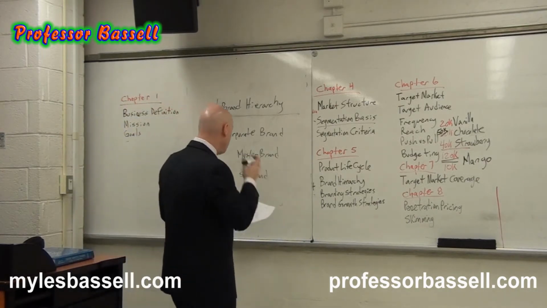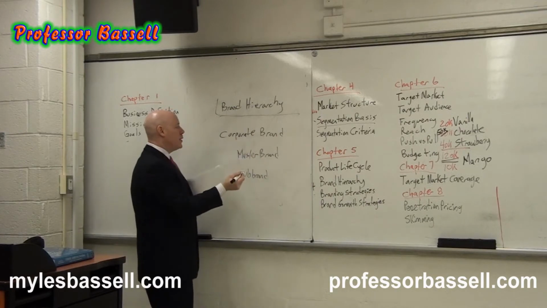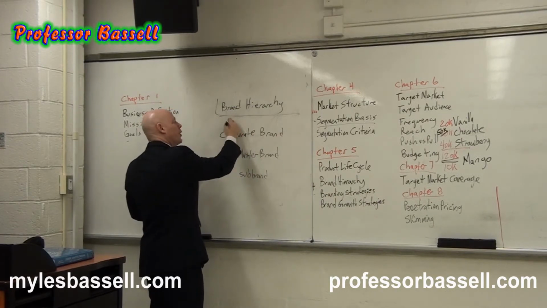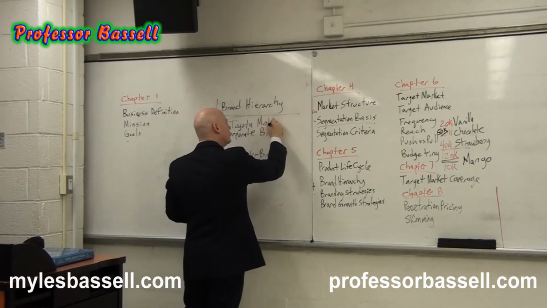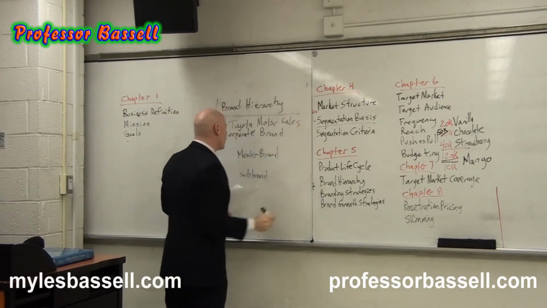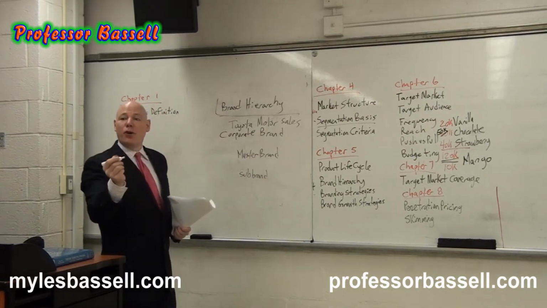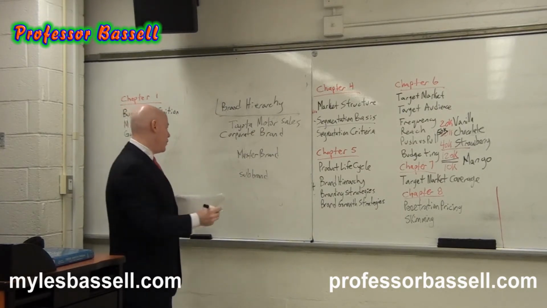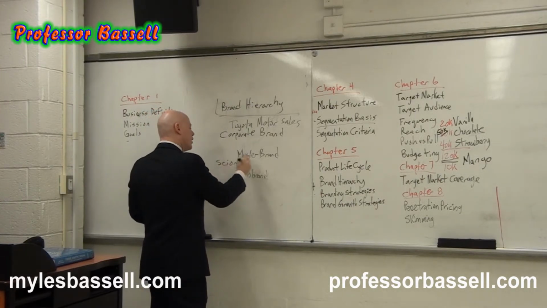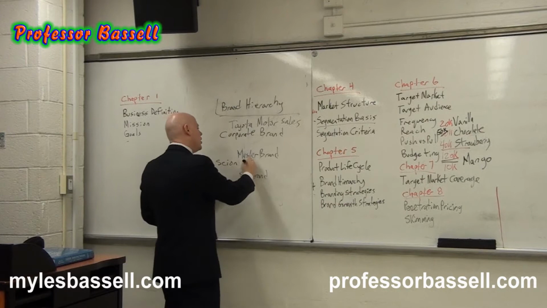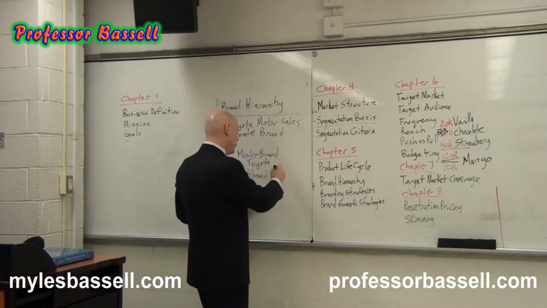So a good example of a corporate brand might be Toyota, Toyota Motor Sales, and in their portfolio they have a number of master brands. Well, the master brands are Scion, Toyota, and Lexus.